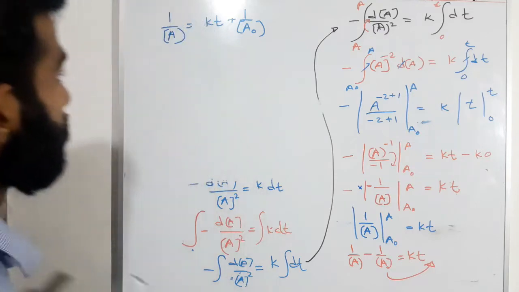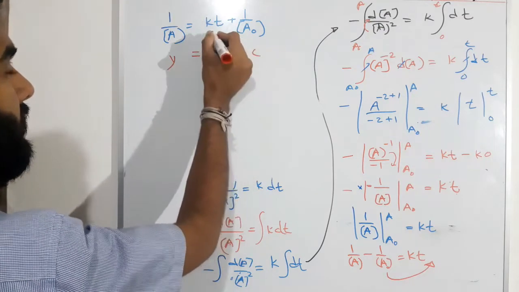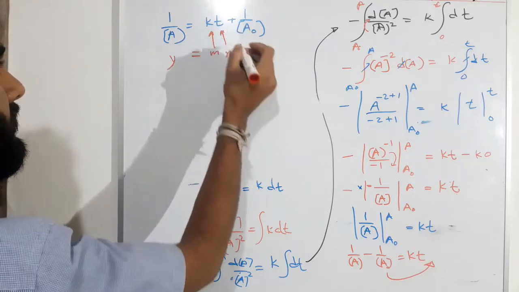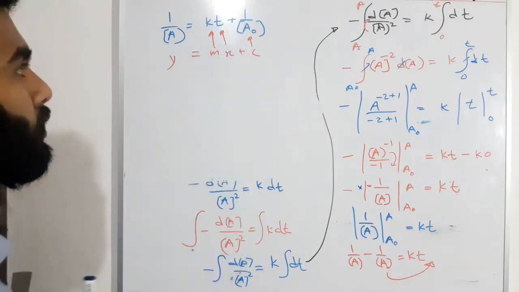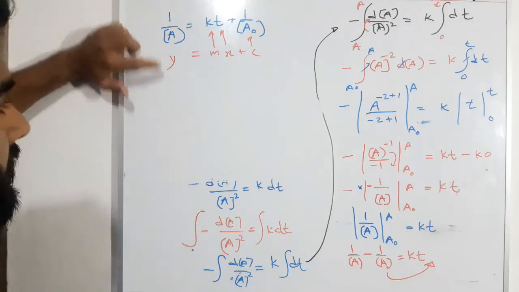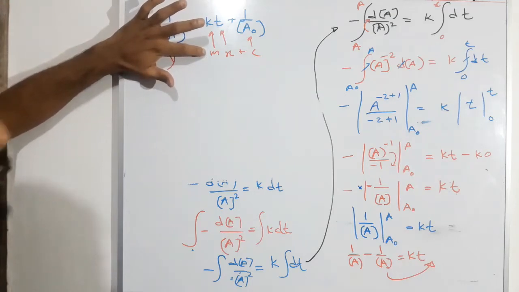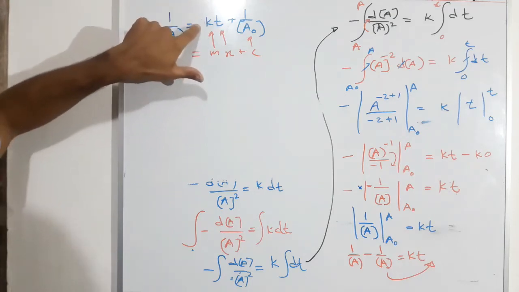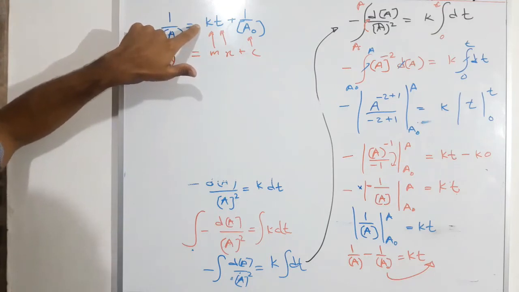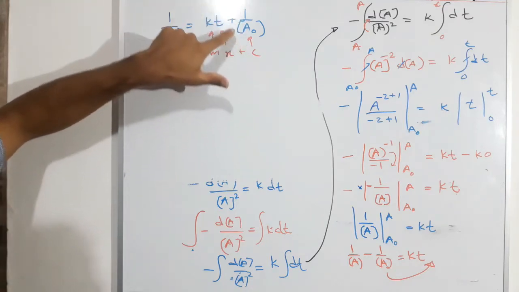Now this is your y equals mx plus c: m is k, x is t, c is 1 over a naught. Now you can see clearly 1 over a is y, k is your m or gradient. Now it is positive. In the previous two cases it was negative. You saw that. 1 over a naught is positive.